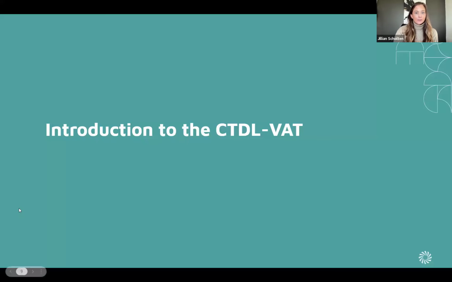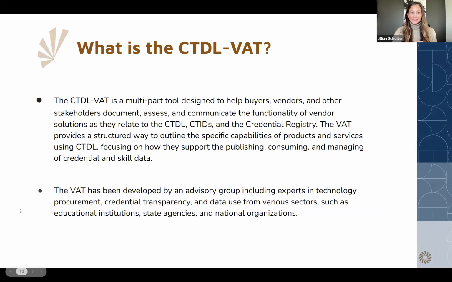So we'll start with a little bit of background and an introduction to what the VAT is. So the VAT, it's a multi-part tool designed to help buyers, vendors, and other stakeholders document, assess, and communicate the functionality of vendor solutions as they relate to the CTDL, CTIDs, and the credential registry.